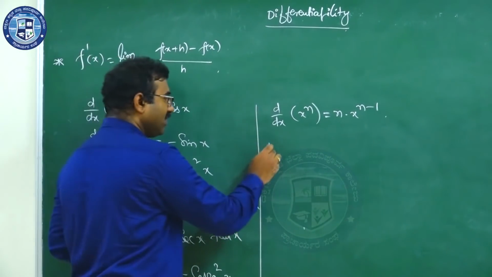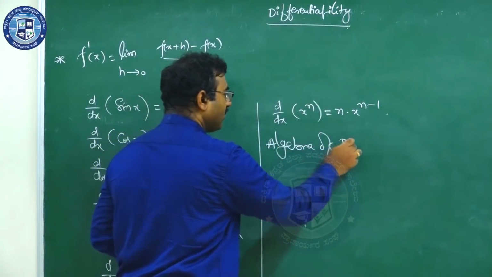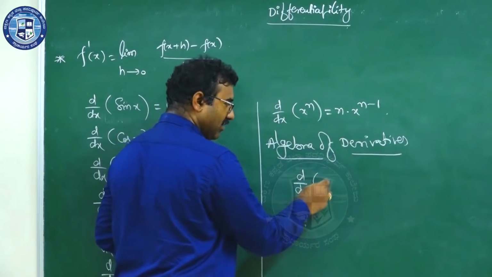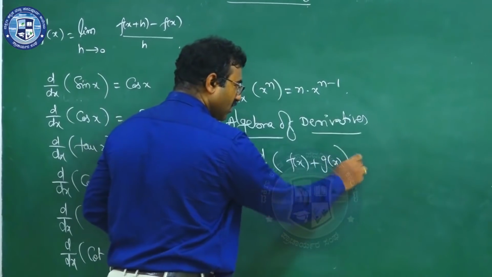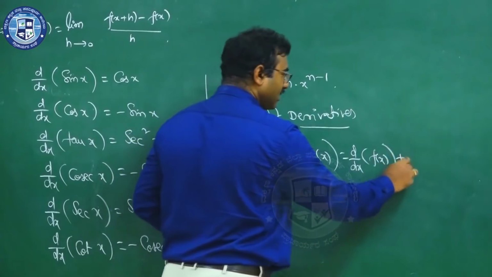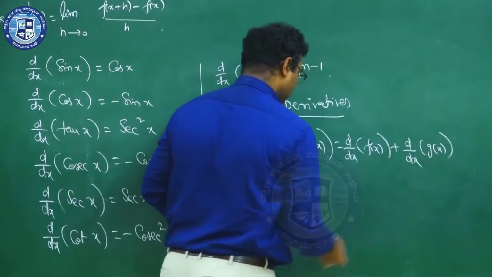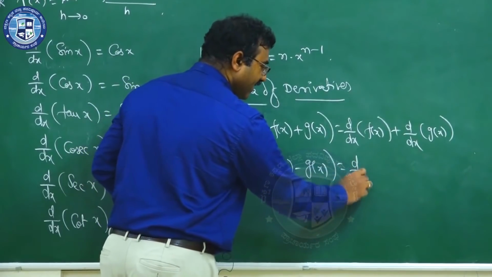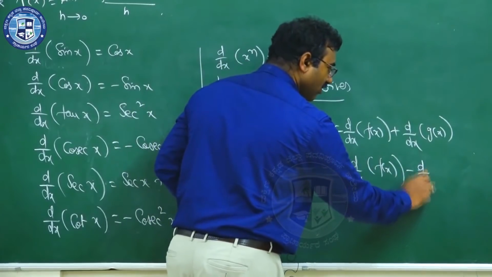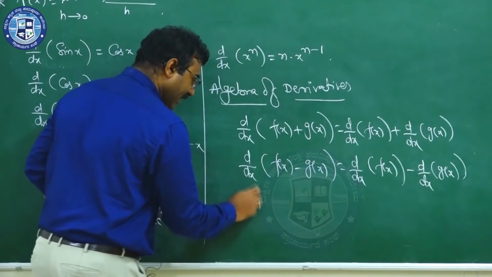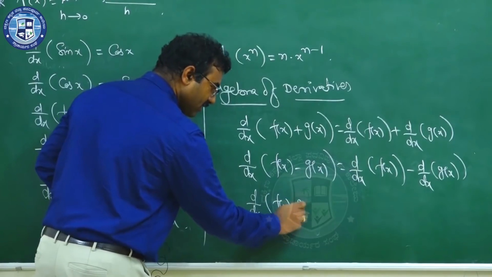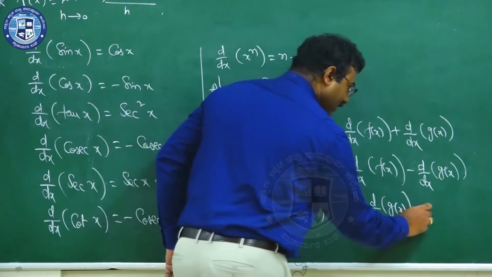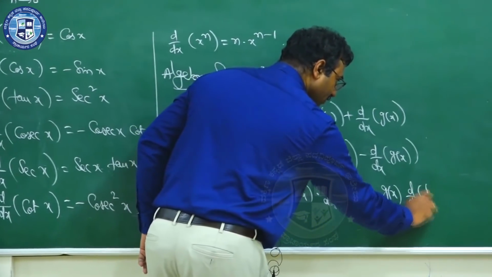We have also studied some algebra of derivatives. d by dx of f(x) plus g(x) is equal to d by dx of f(x) plus d by dx of g(x). d by dx of f(x) minus g(x) is equal to d by dx of f(x) minus d by dx of g(x). d by dx of f(x) into g(x) is equal to f(x) into d by dx of g(x) plus g(x) into d by dx of f(x).